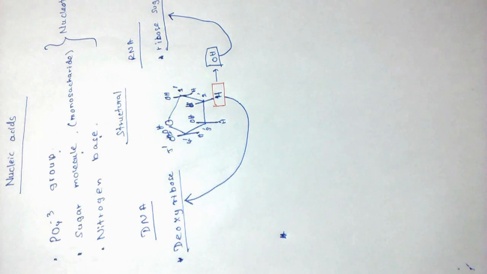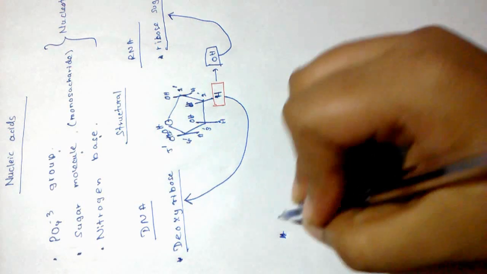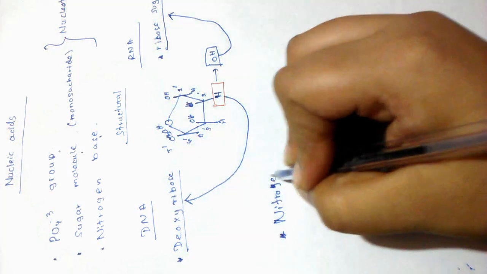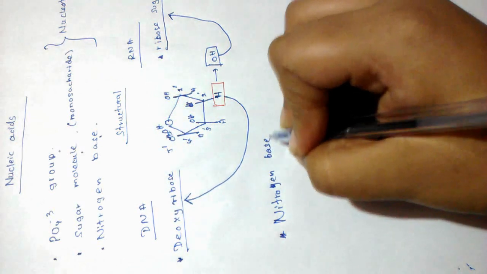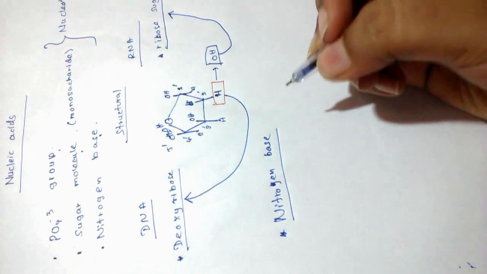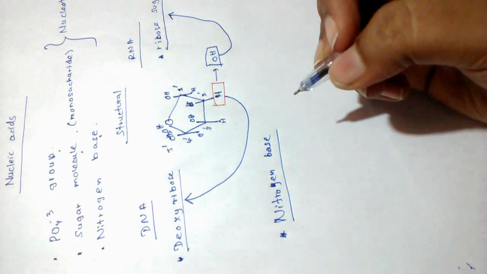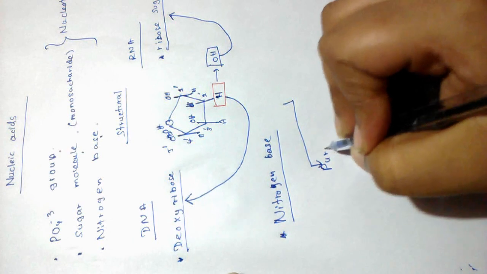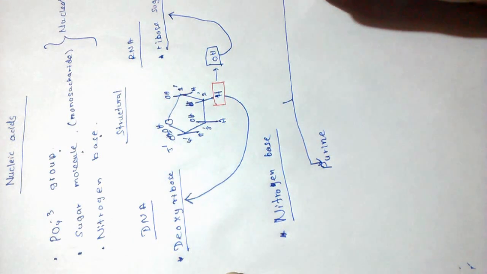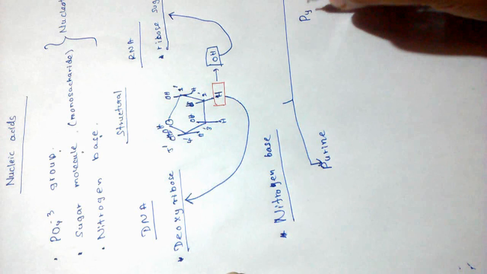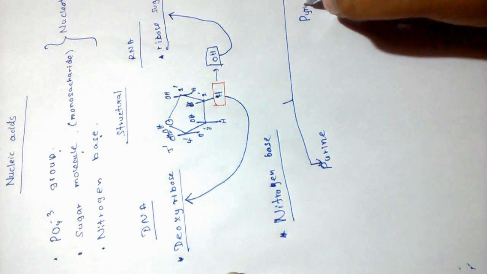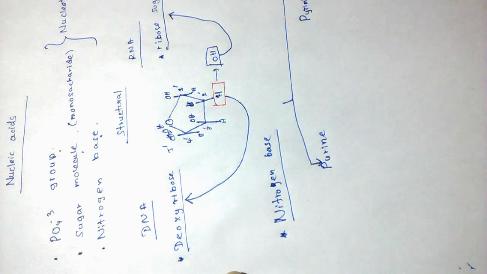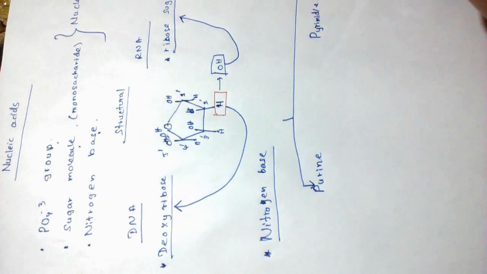The next structural difference is the nitrogen base. There are two types of nitrogen bases. First one is purine and the other one is pyrimidine.